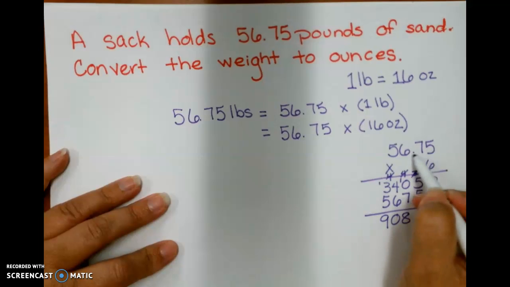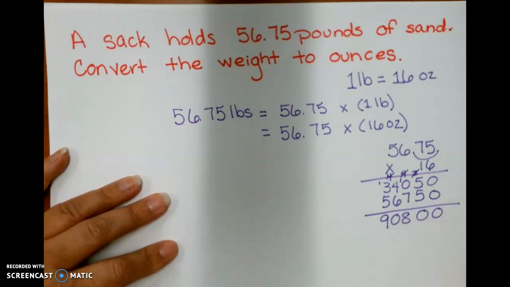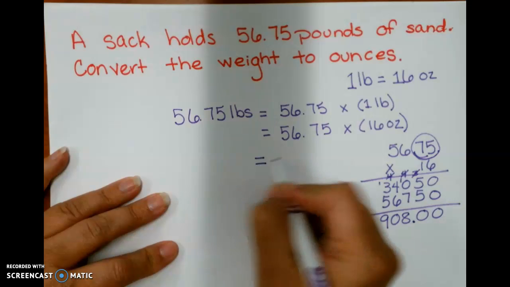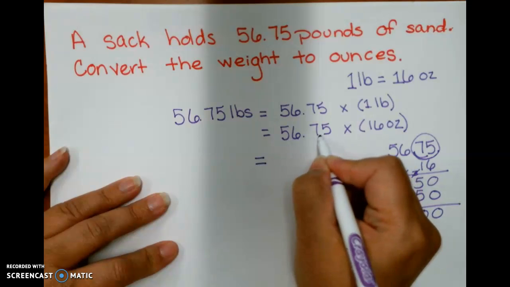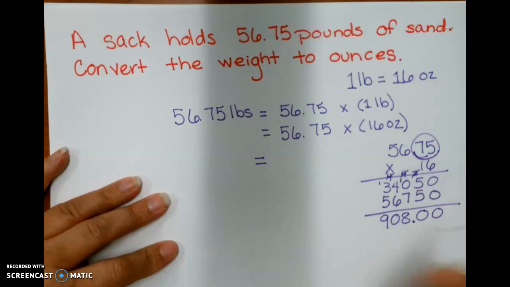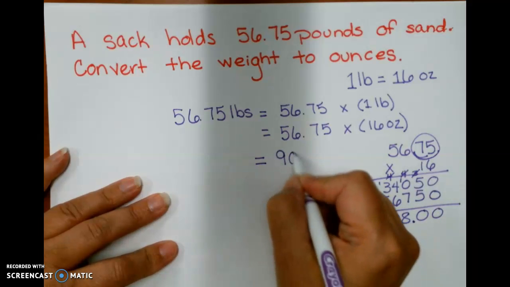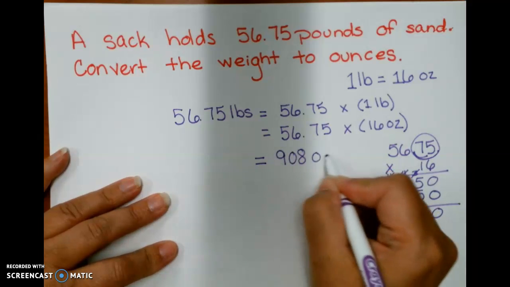Now, remember, this was hundredths over here. So where does my decimal go? It's got to go right there. So 56 and 75 hundredths pounds equals 908 ounces.